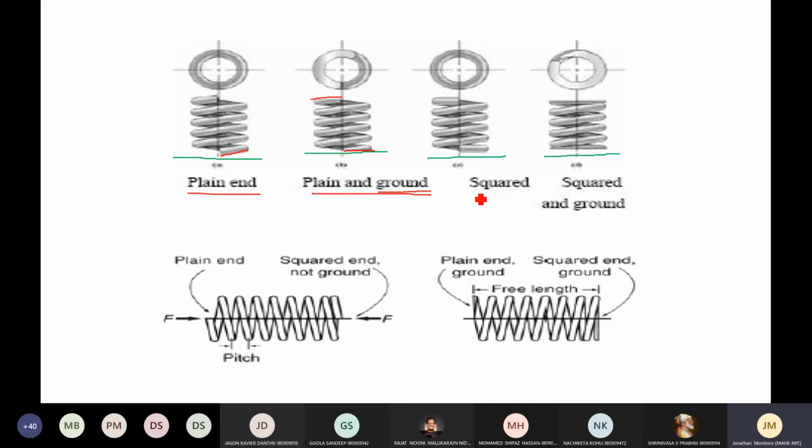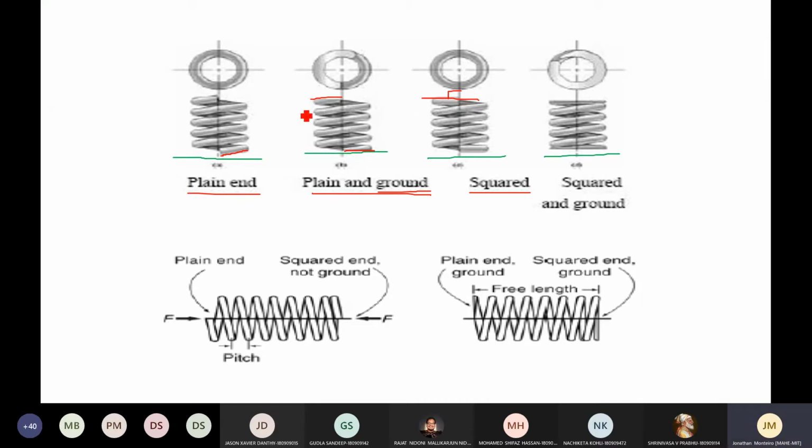Then you have the squared ones, that is, the last coil. What you do is give it a slight twist such that you need not grind it off, but the last coil is made totally 90 degrees to the axis. You are not using a grinder here, but you purposely twist the last coil in such a way that it has a 90 degree, or orthogonal, surface to the axis.